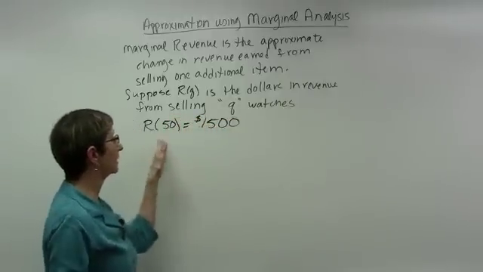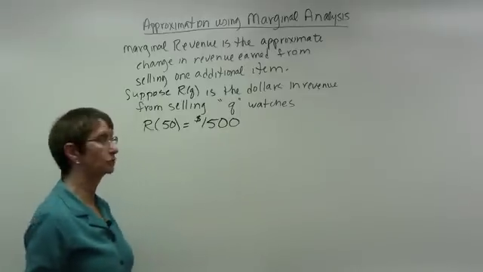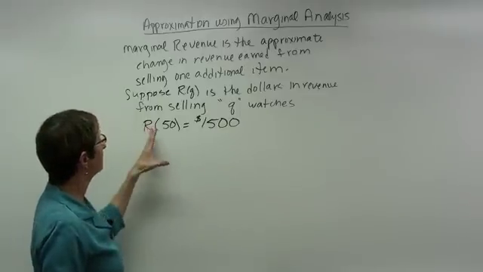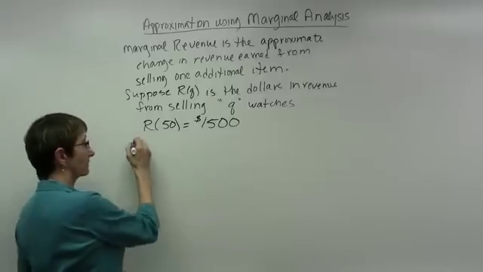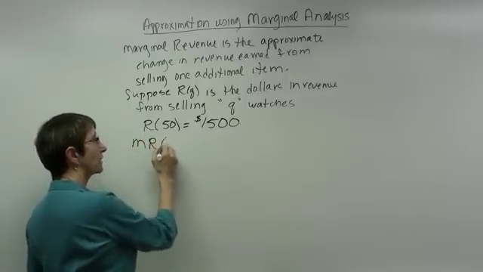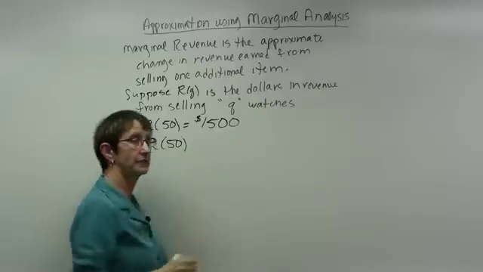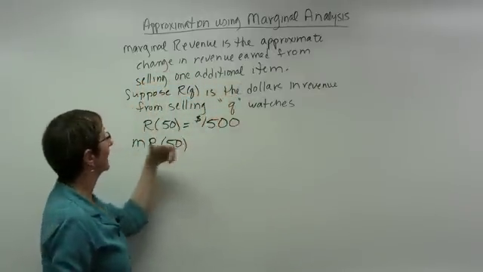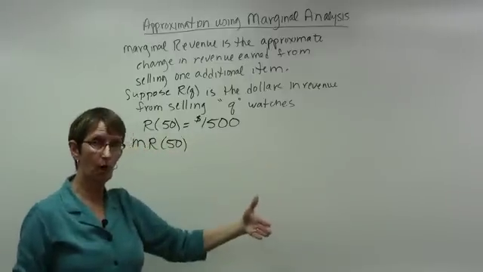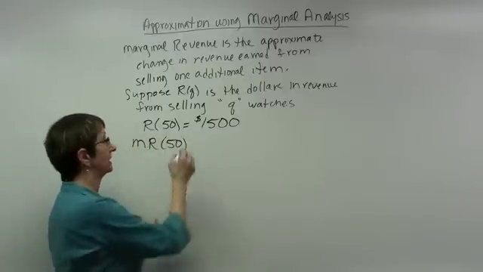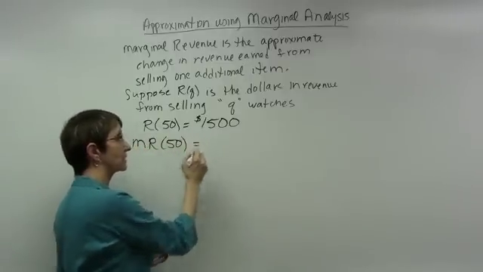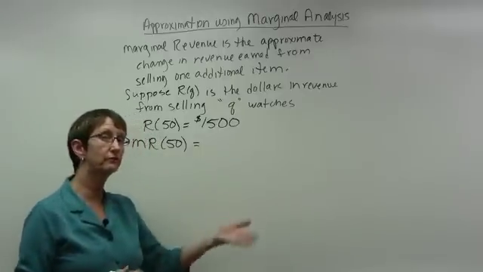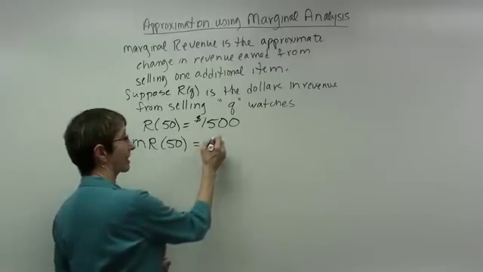So we sell 50 watches, we get a revenue of $1,500. Marginal revenue at 50 would be the approximate change in revenue if I sell one more watch. By calling it 50, that tells me how much additional revenue comes from the 51st watch. Let's say that's $6.